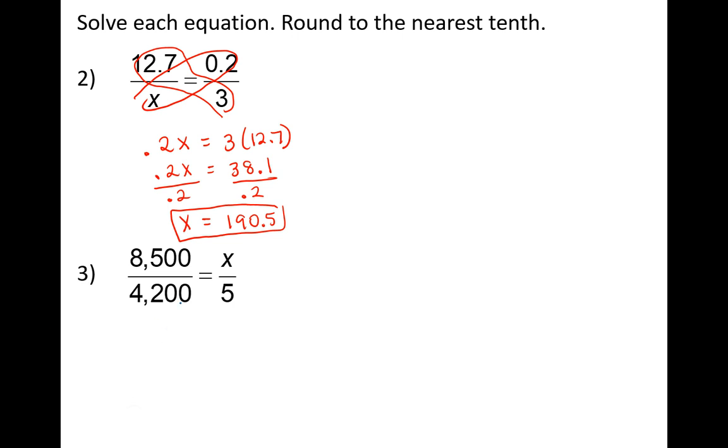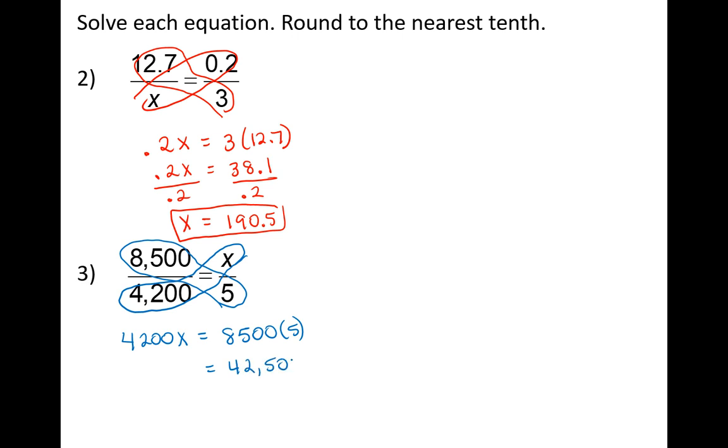Let's do the next one. We're going to cross multiply. I'm going to do the x. Doesn't matter which cross I do first. I just like to do the x first. So 4,200 times x equals 8,500 times 5. Well, that one's easy. 8,500 times 5 is 42,500.